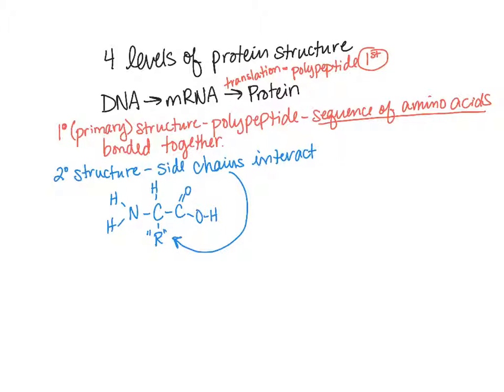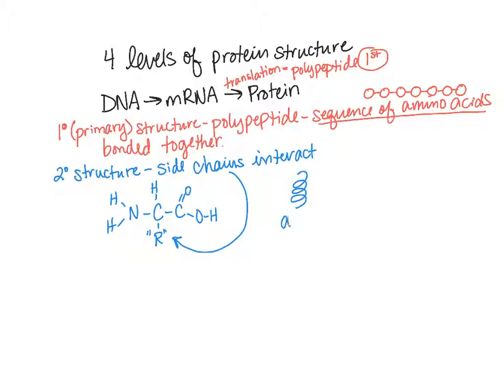And so these side chains start either attracting each other or repelling each other. And in doing so, it causes this amino acid sequence, which we typically draw out as a straight line, to start making these helices.